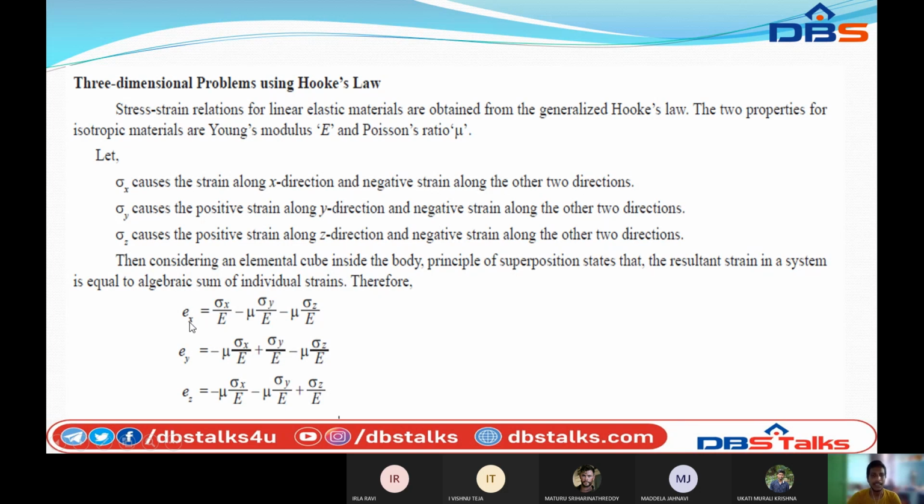That means in x direction there is one positive and the remaining two are negative strains. Similarly, in y direction, one positive, two negative, and in z direction, one positive, two negative strains.